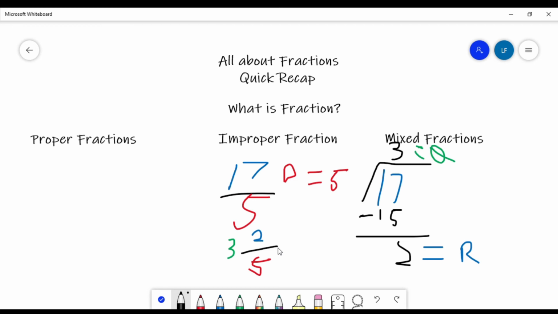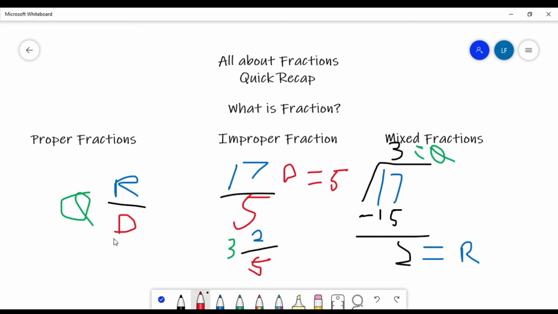So I've devised this: for converting an improper fraction to a mixed fraction, you put the quotient here, not there, put the remainder up top, and then put the divisor below.